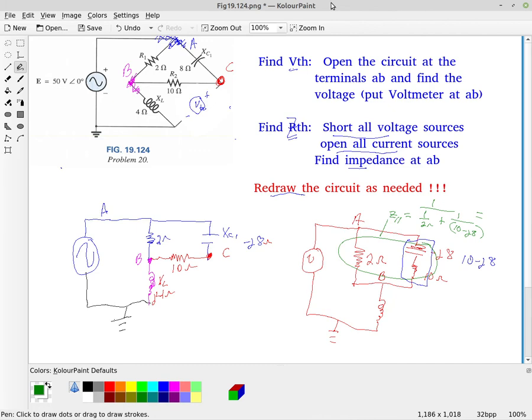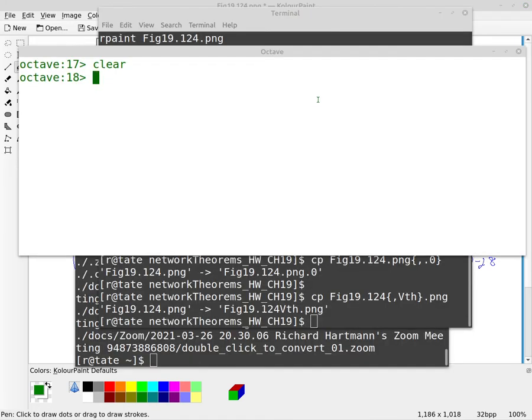If we want to calculate that, an easy way to do it is in the Octave software. So we'll have Z parallel. Well, I can't use that, so I'll just call it Z11 because they look kind of parallel. That is going to be 1 over parentheses 1 over 2 plus 1 over parentheses 10 minus j8.